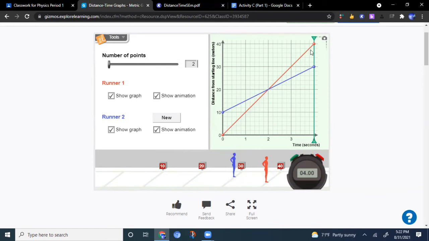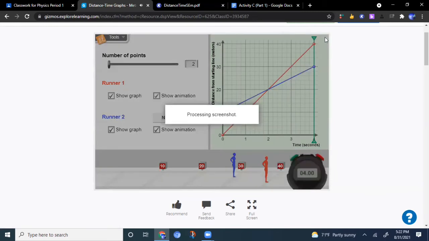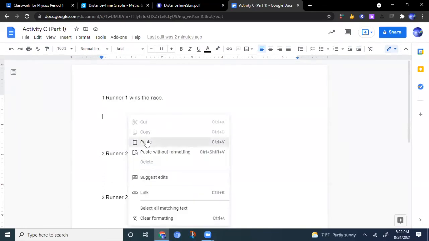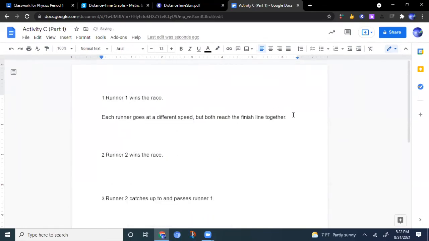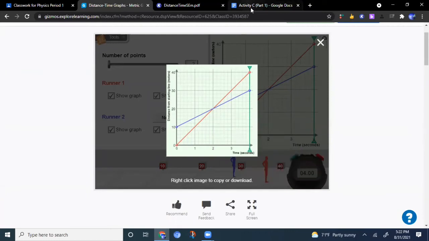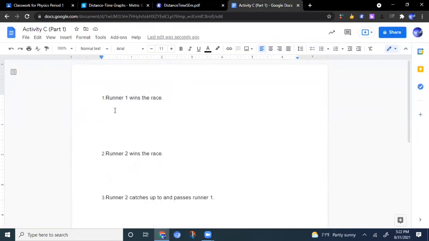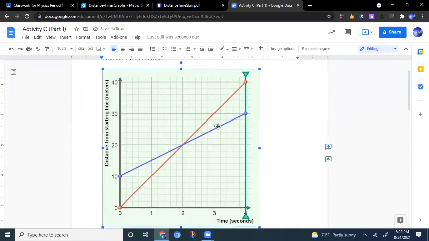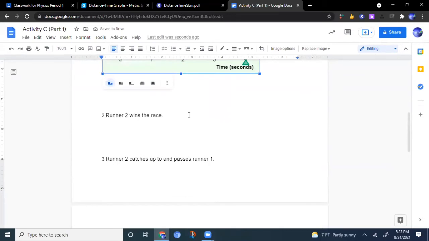This could be an example of something where runner 1 wins the race. Oops. Let's go back and try that again. Right click, copy, and paste it in. Okay, there's the first one.